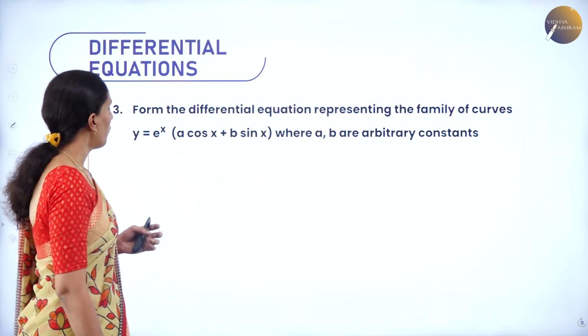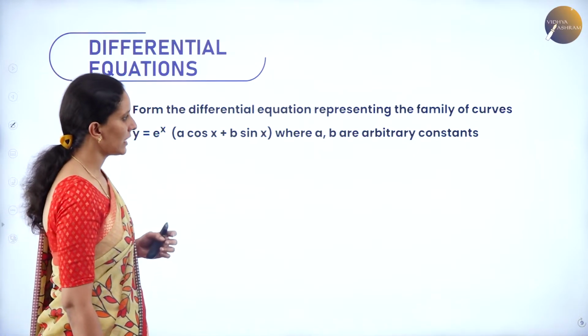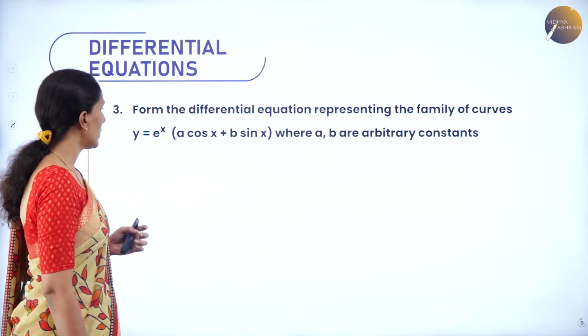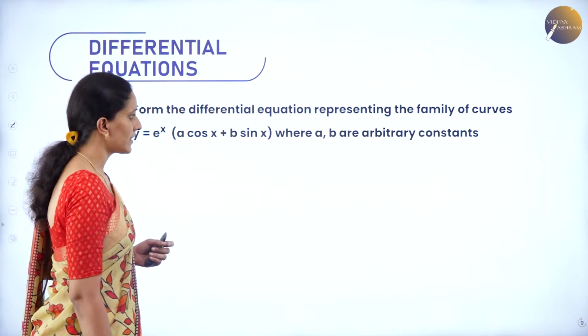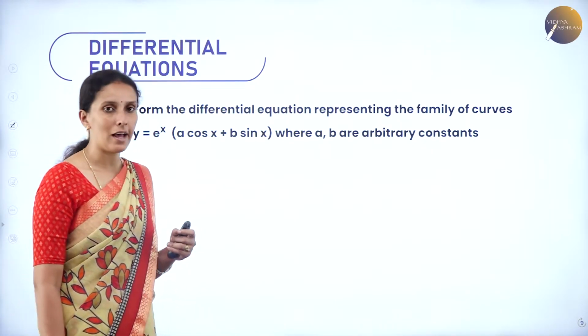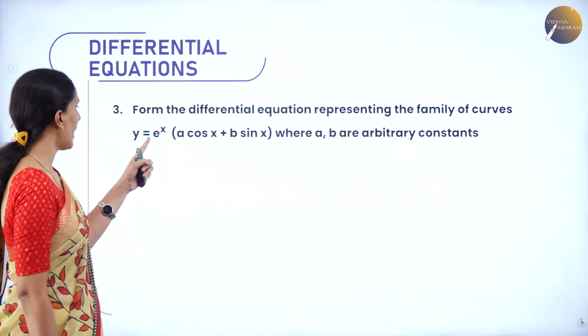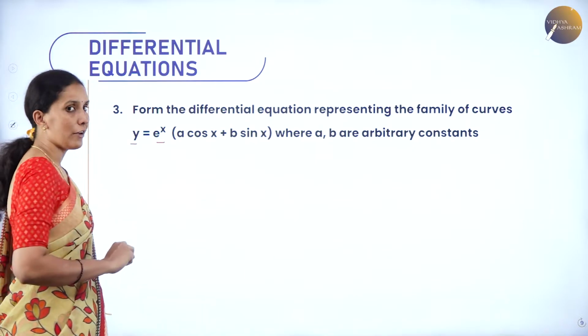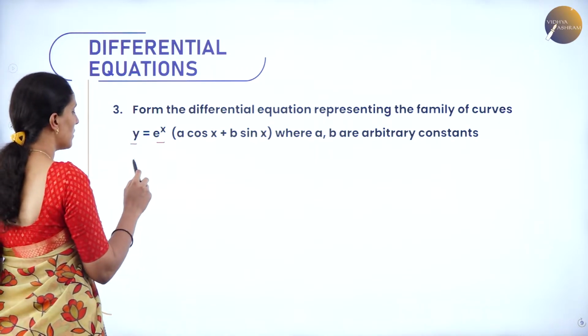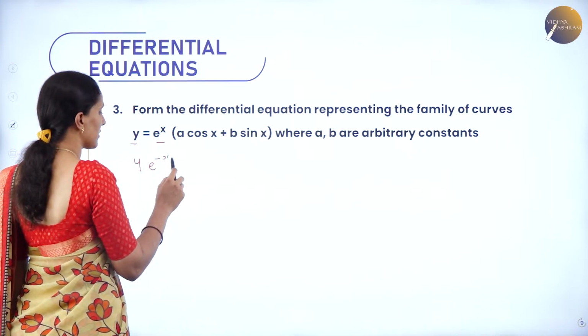Next question, form the differential equation representing the family of curves y is equal to e power x, a cos x plus b sin x, where a, b are arbitrary constant. So here we have y and e power x. Let me shift e power x to the left hand side. So then this becomes y into e power minus x.